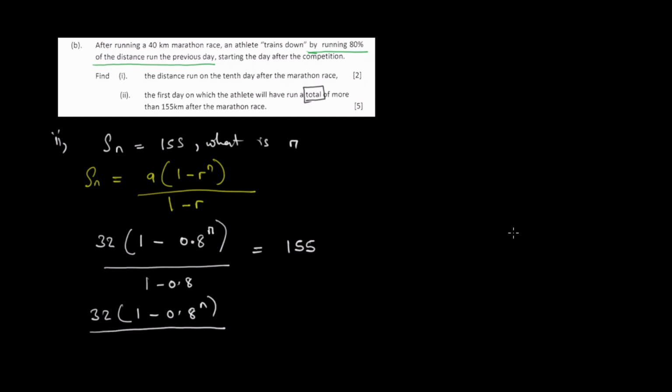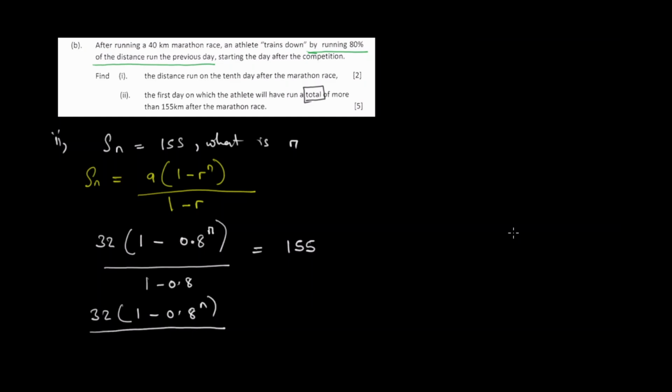So question iyi tikada kuimathematize iri kungoti sum of n terms, because we don't know what n is. N is representing number of days, but we don't know the number of days. So sum of n terms is equal to 155. What is n? That is the mathematized version of this question.